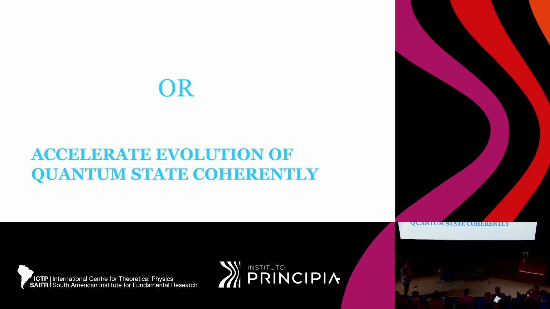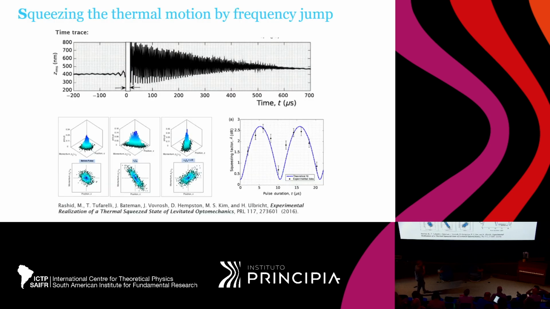Because we don't work with these kinds of magnetic systems, we thought, how can we do this in optics? And the answer, not the only one but a possible one, is to modulate the optical trap by a so-called frequency jump operation. What you do is you have the optical trap, and initially the particle in your trap is oscillating, and then at a certain time you reduce the frequency of your trap, by reducing the light intensity which you send to the trap.